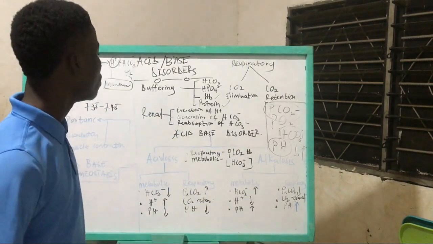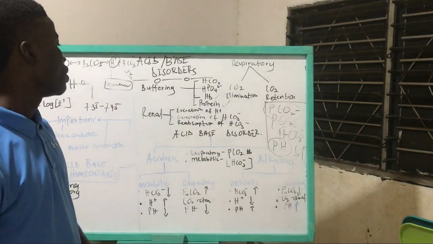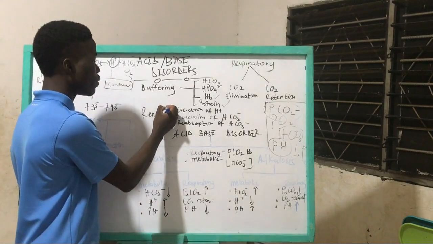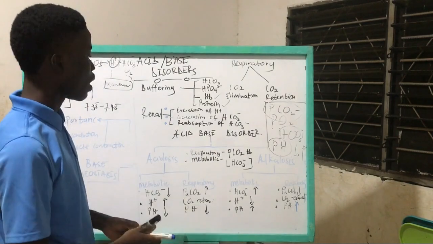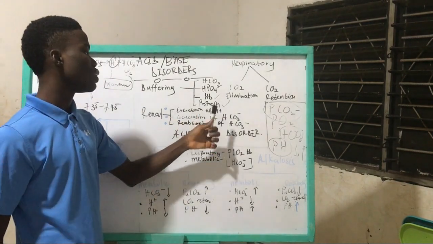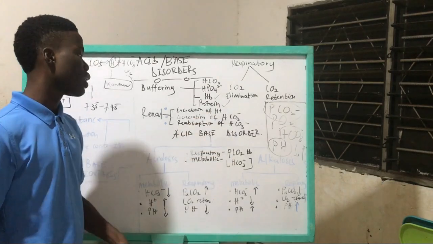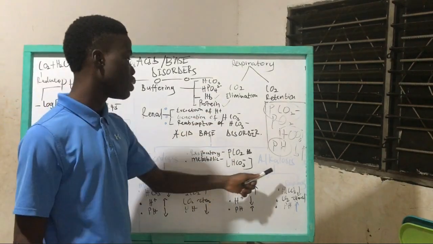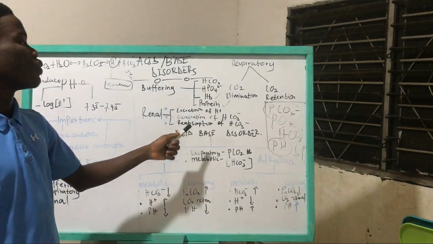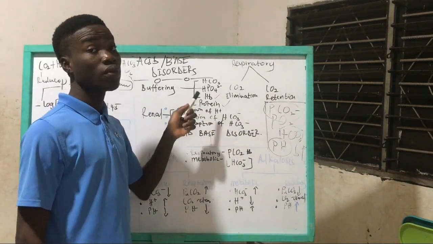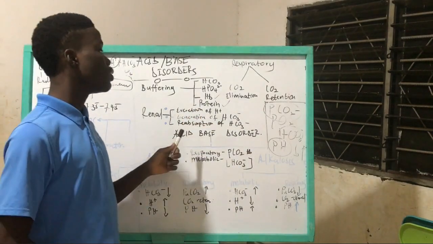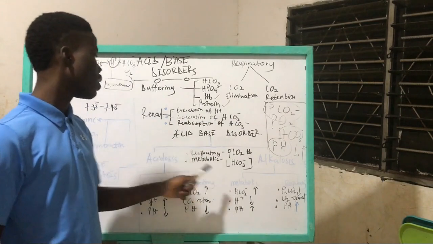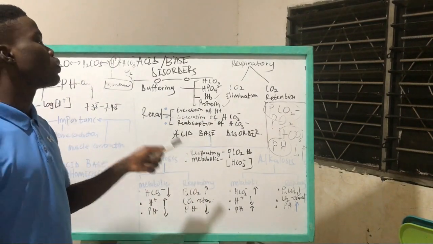In our next video, we are going to talk about how the excretion of hydrogen carbonate can lead to any of these, or the excretion of hydrogen ions, or the generation of hydrogen carbonate, or the reabsorption of hydrogen carbonate.